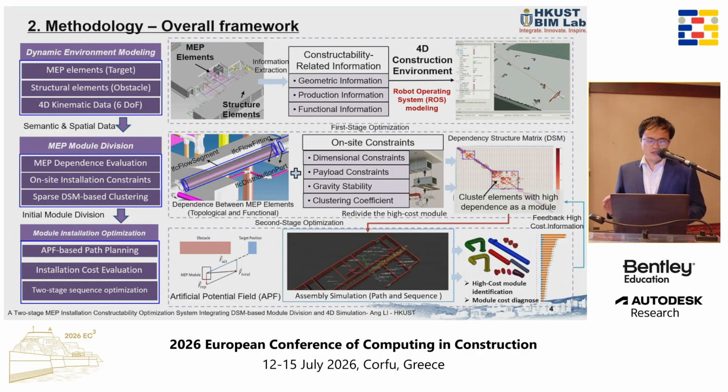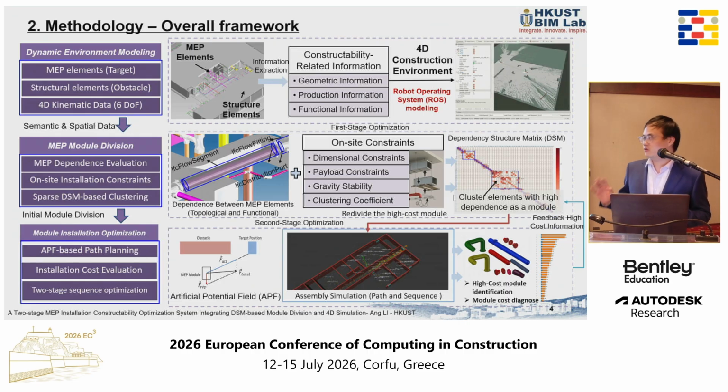And in stage 3, we optimize the module installation. We evaluate the path of the installation. We can calculate the cost of each path, and we can also diagnose the path.